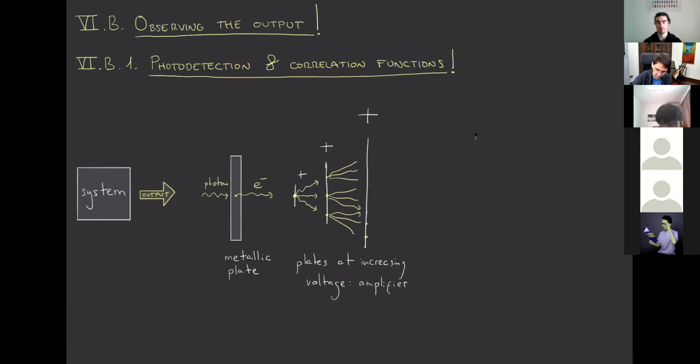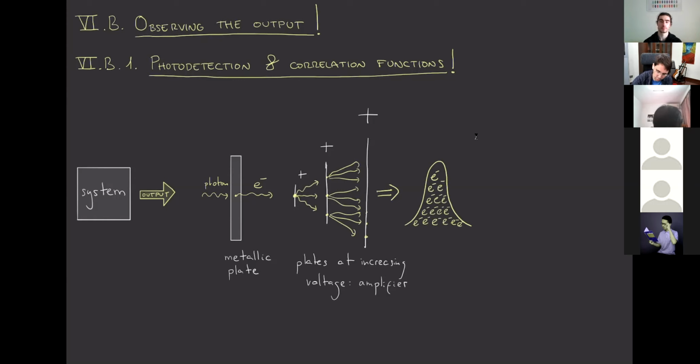And so on. So at the end of the day, starting from a single electron, we create what we call a photopulse, an electronic pulse made up of many electrons. So a macroscopic number of electrons that we can now measure.